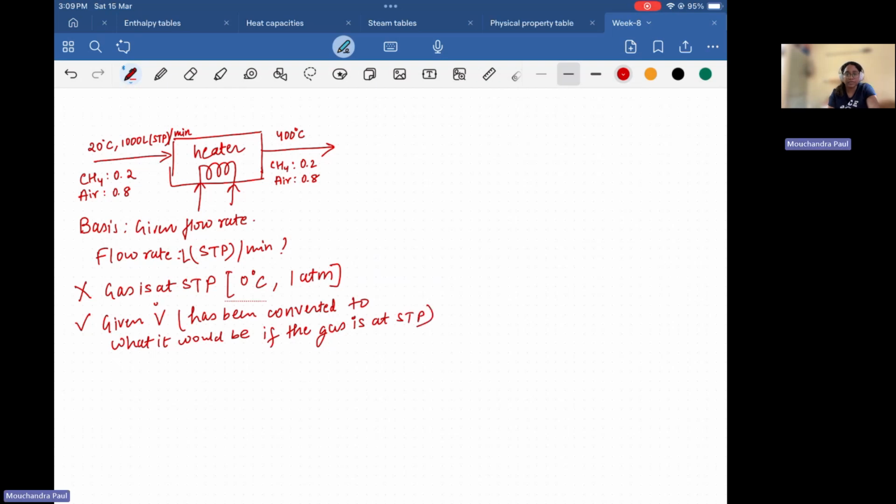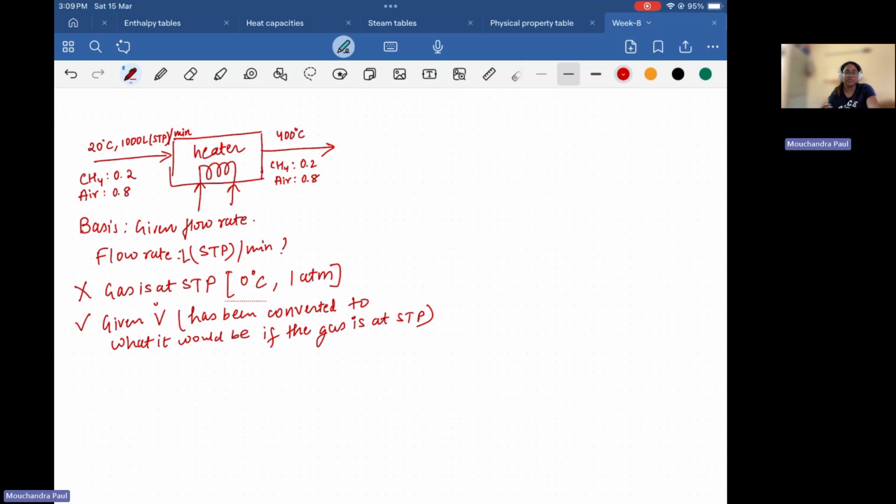Again, I'm repeating: the volumetric flow rate value that we are given is a converted value. We are not given the actual flow rate of this gas mixture at 400 degrees Celsius. But what we are given is the flow rate of the gas if it would have been at STP.